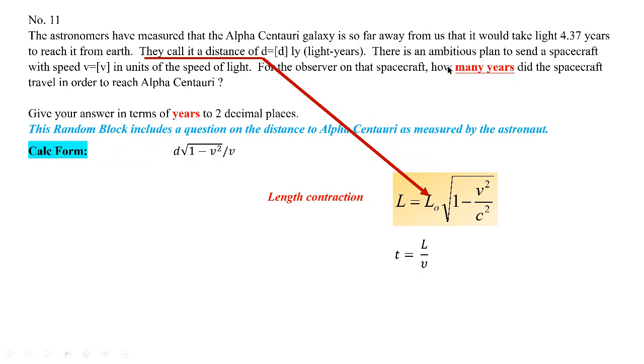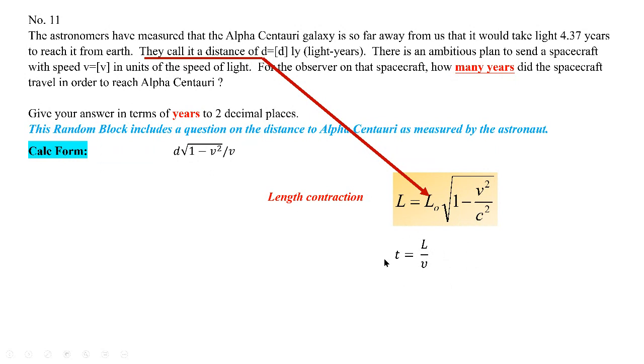I'm on the spaceship, and I already know that the length is contracted, but you want to know how many years, based upon knowing the contraction. Well, elementary physics tells us the distance traveled by Alpha Centauri is its velocity times the time as I have measured it on my stopwatch.